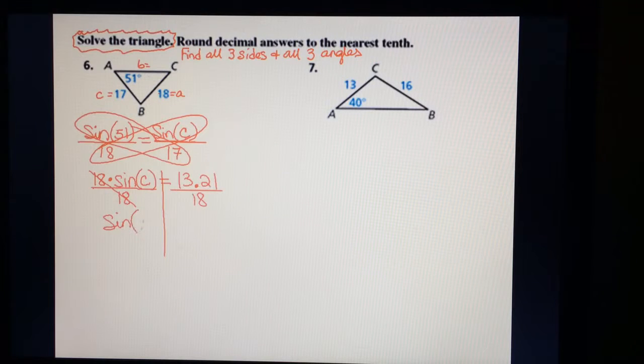Leaves me with sine of angle C. I can put in the calculator 13.21 divided by 18, and the calculator tells me that that's approximately 0.73. Again, I'm trying to solve for angle C, and so I'm going to have to do the sine inverse to both sides.